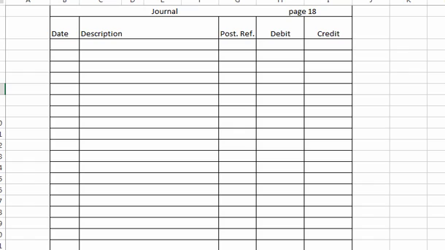On the bottom of page 92, the name of our business is Elite Realty, and they're a service business. And they give us an unadjusted trial balance dated March 31, 2016. That's just a listing of the accounts the business uses and the balances in those accounts on that date, March 31, 2016.